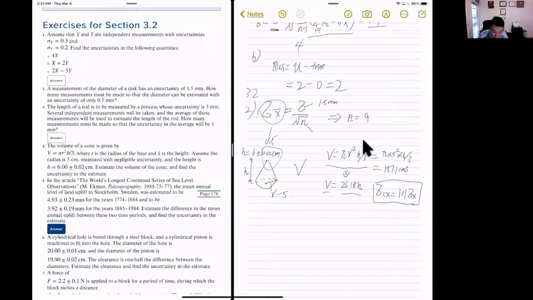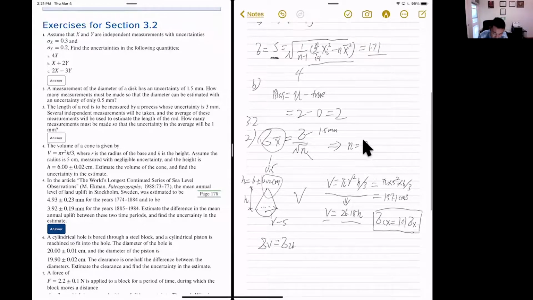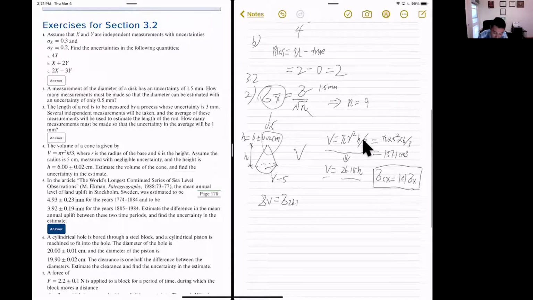Okay, so sigma of V is equal to sigma of 26.18 times H. So 26.18 is a constant. Okay, so that will become 26.18 times sigma H. Okay, and the sigma H is given, which is 0.02.